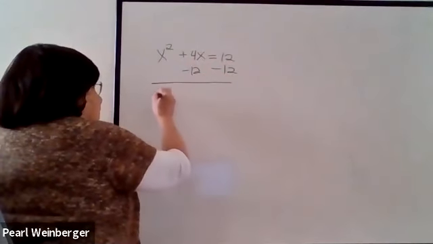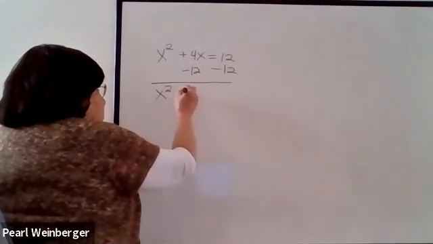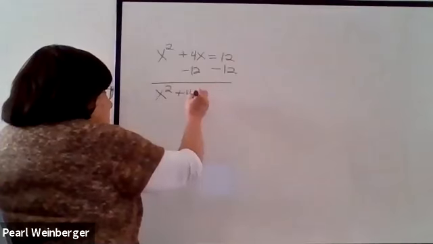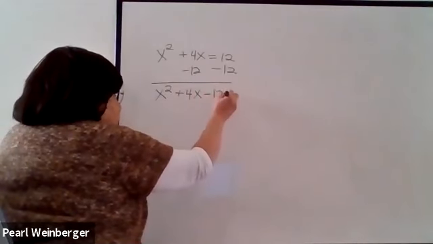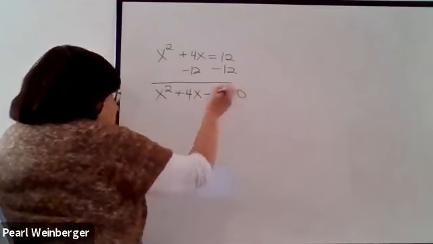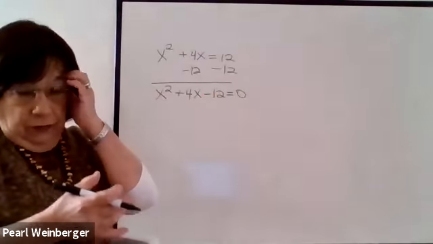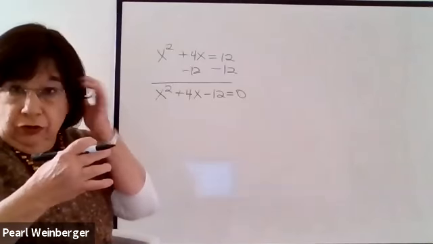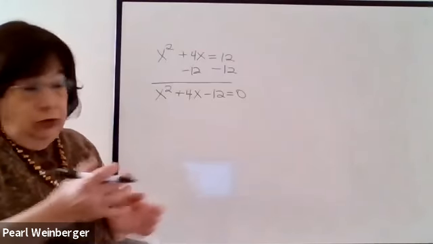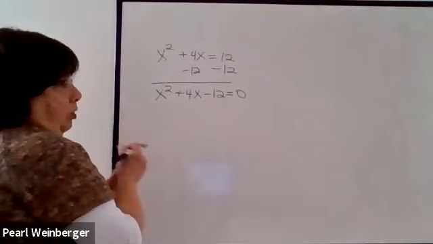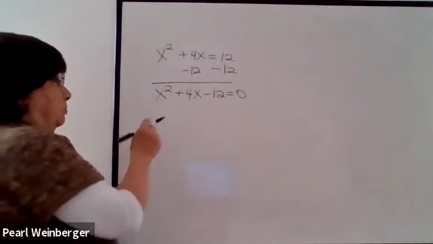So that'll give me x squared plus 4x minus 12 equaling 0. And now I go and I factor this. Now, I'm going to show you the two methods because you can pick whichever method you like better. They'll both work and give you exactly the same answer.